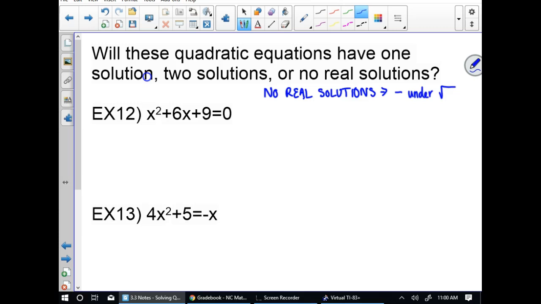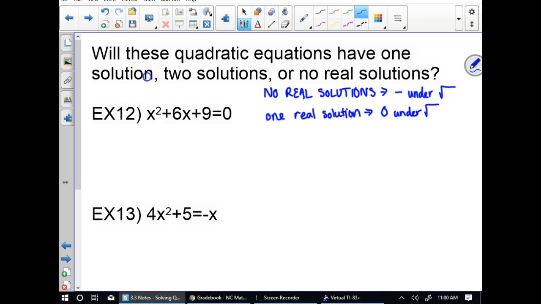There was a problem that we did whenever we were going over the homework where we only got one answer. I think it was -5 was our answer. What did we have under the square root for that? 0, right? So 1 real solution. That tells us that you have a 0 under the square root.